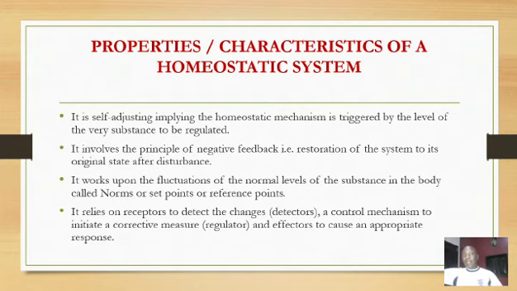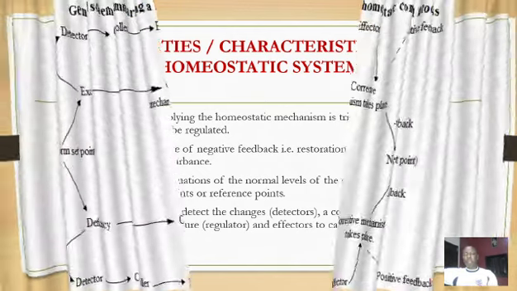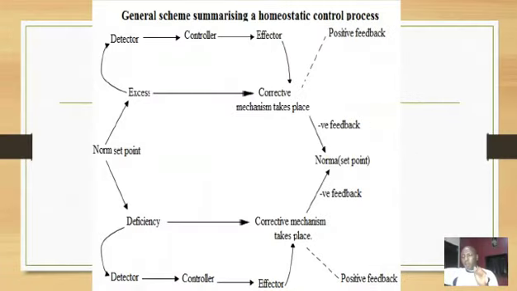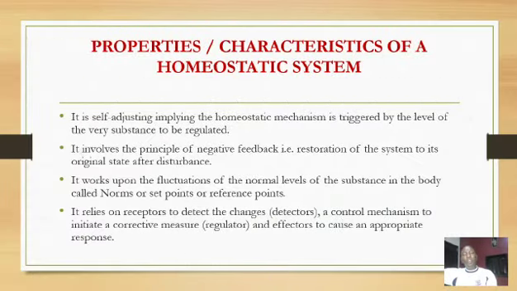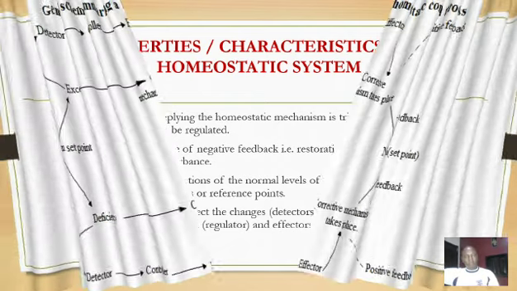The other characteristic is that it works on fluctuations of the normal levels of the substance. What do we mean? Remember, we've talked about the norm, also called the reference point. For homeostatic mechanisms to work well, they work upon the fluctuations in the normal levels.